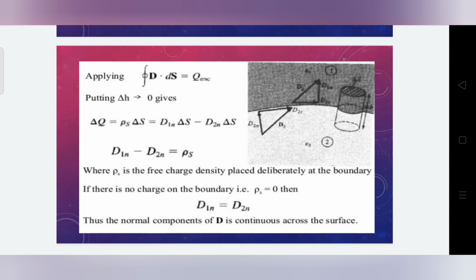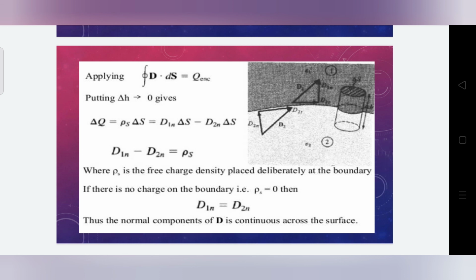If there is no charge on the boundary, then rho s is equal to 0, and then D1n minus D2n is equal to 0, which means D1n is equal to D2n. This means the normal component of D is continuous across the surface.